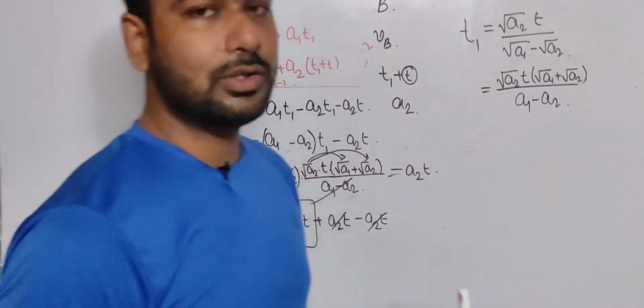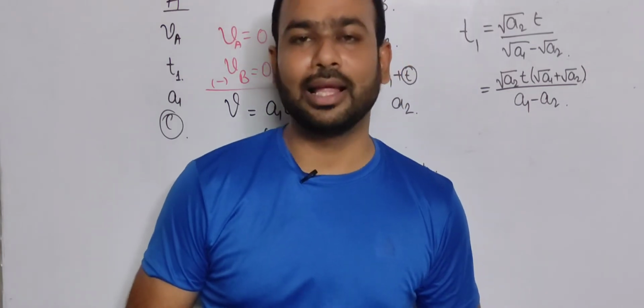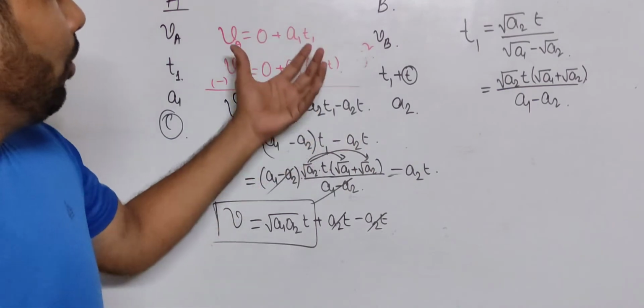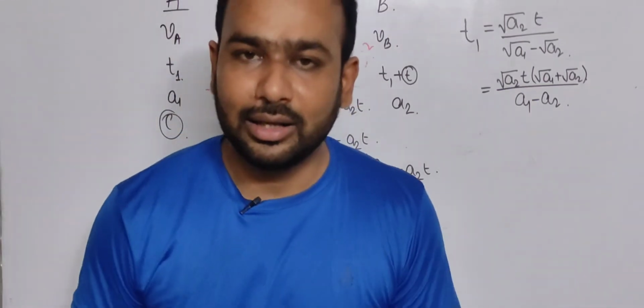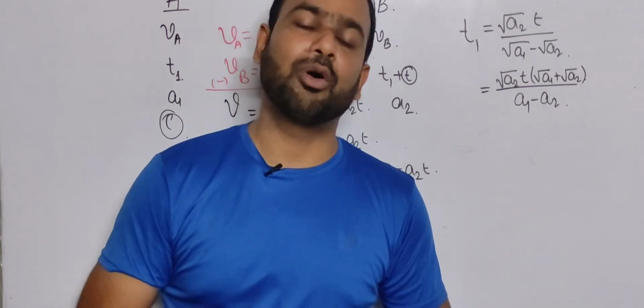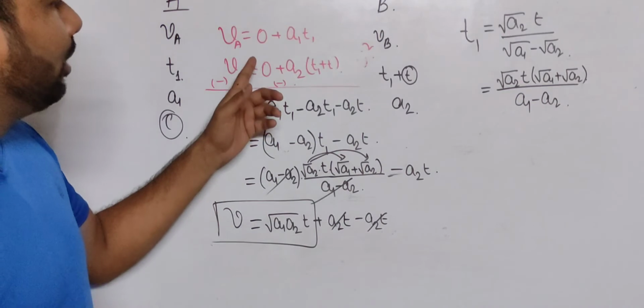So in this case, we simply find the displacement. After that, we find the final velocity. When we compare the displacement, because this is a race, the displacement for each car is the same.